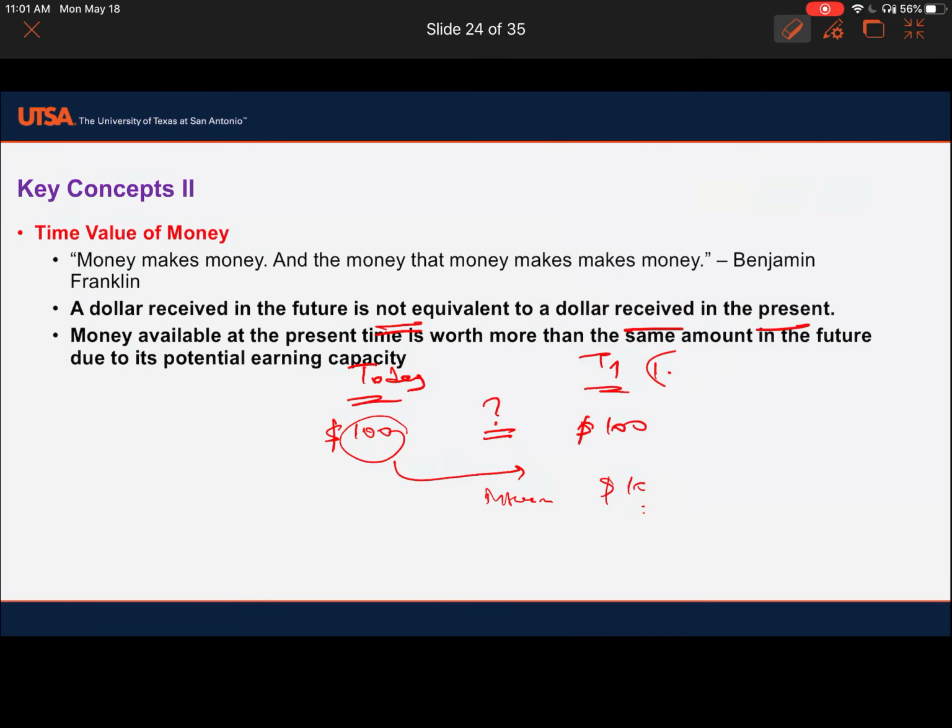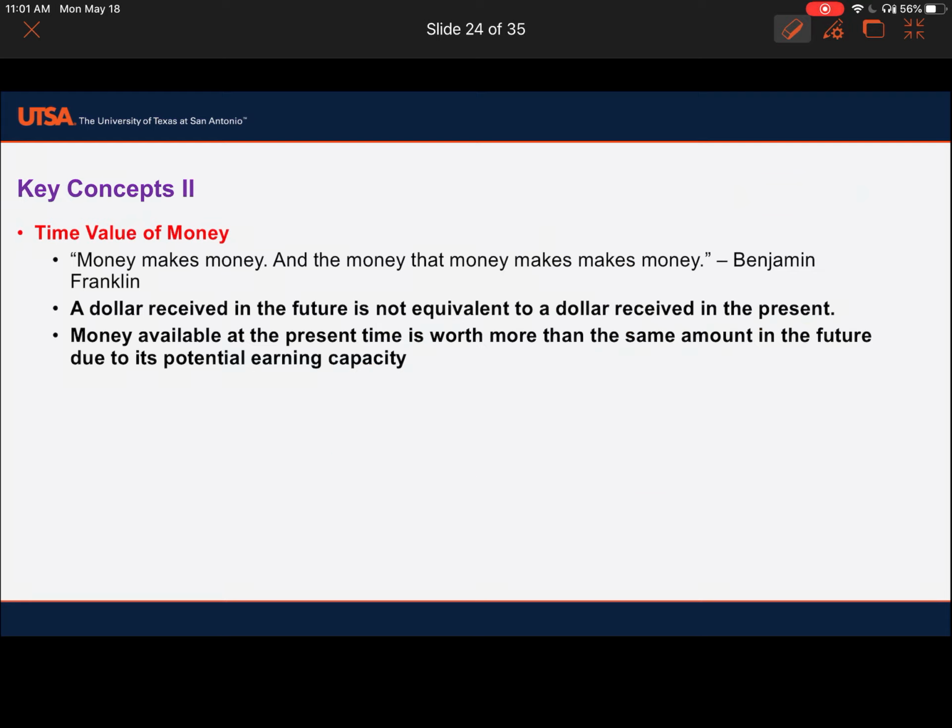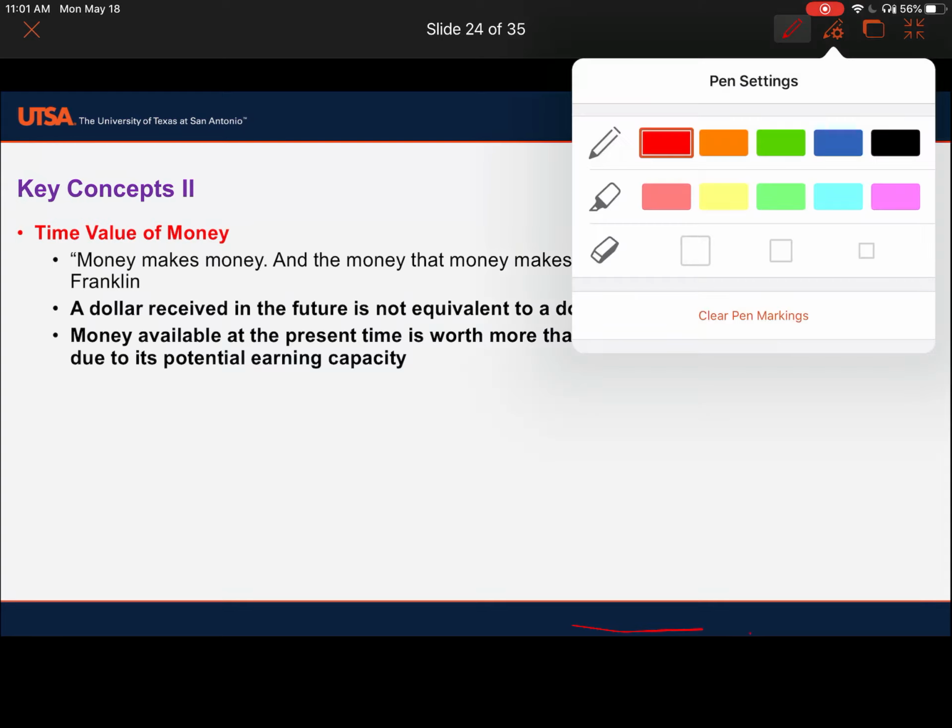Okay, it's not equal. Money available at the present time is worth more than the same amount in the future due to the potential earning capacity.